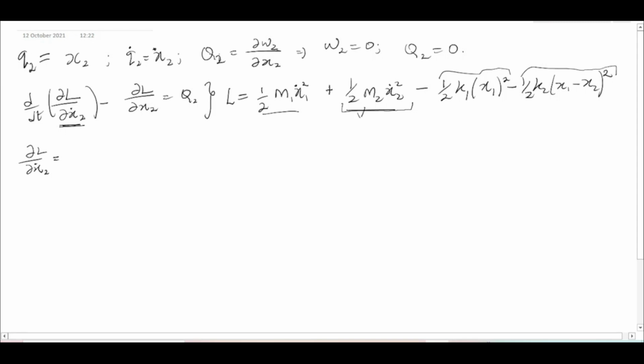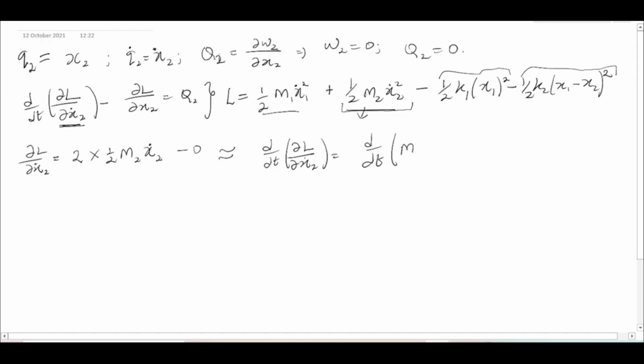So if we work with this, dL/dx2 dot becomes 2 times half times m2 x2 dot. Every other term is 0. This implies that d/dt of dL/dx2 dot is equal to d/dt of m2 x2 dot.